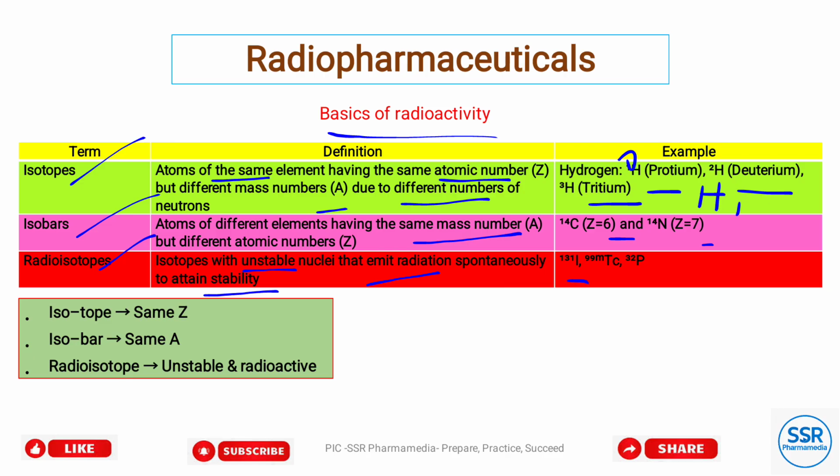Examples are iodine-131, technetium-99m, phosphorus-32. So isotopes have the same Z, Z meaning the atomic number. Isobars have the same mass number, A meaning the mass number. Radioisotopes are unstable and radioactive.